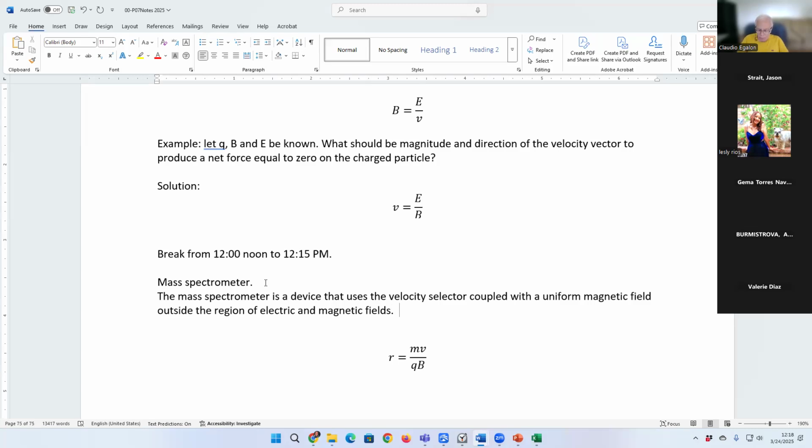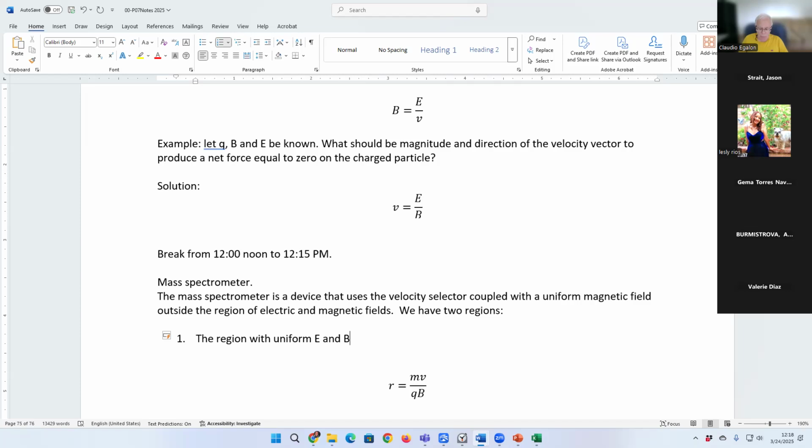And so here you go. We have two regions. One, the region with uniform E and B.